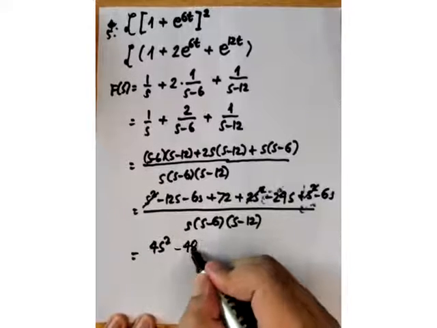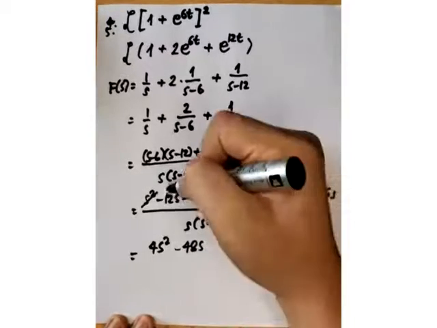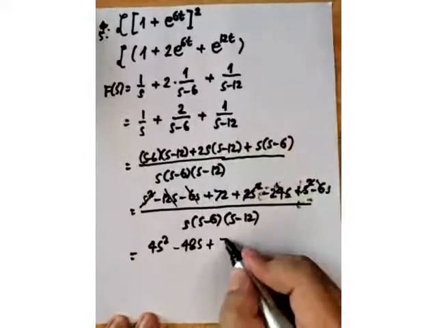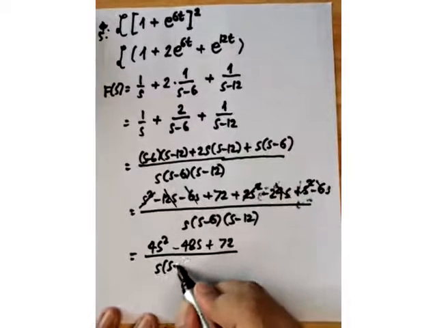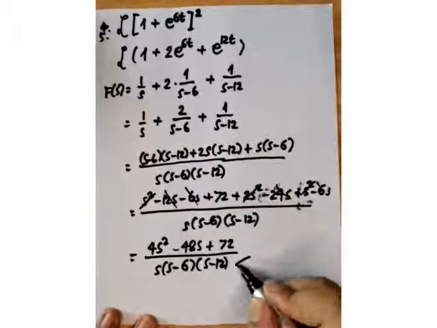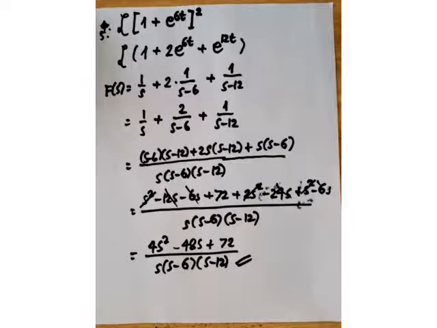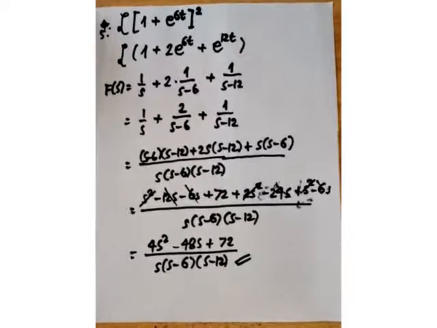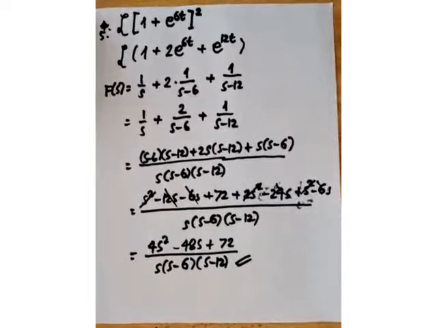Okay, minus 48s, and then plus 72 all over s times s minus 6 times s minus 12. So this is our Laplace transform. Okay?